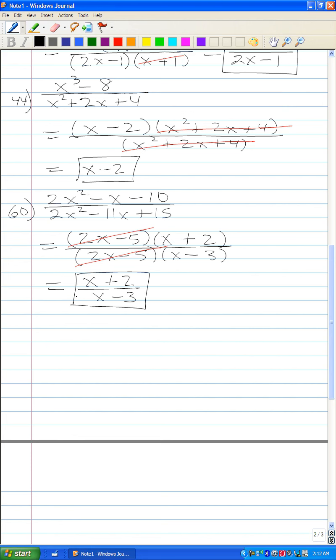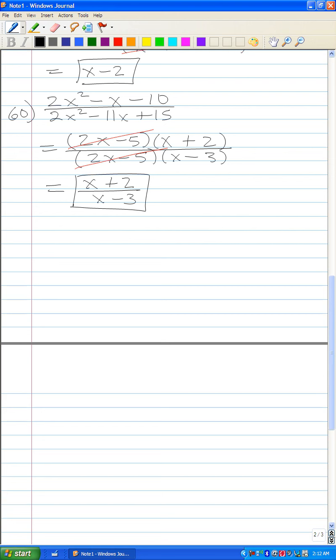Let me do problem number 64. x squared minus 3x plus 2 over x squared minus 4x plus 3. Well, each of these are monic polynomials, so they're fairly easy to factor. So let me just put down x. I have a minus times plus is minus, so these are both minuses.